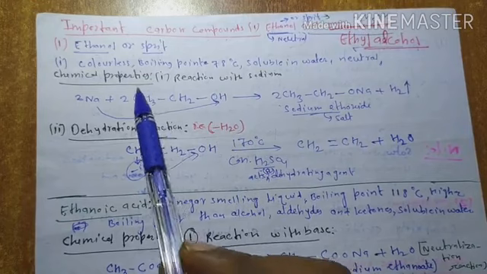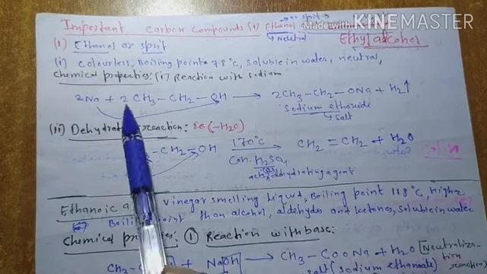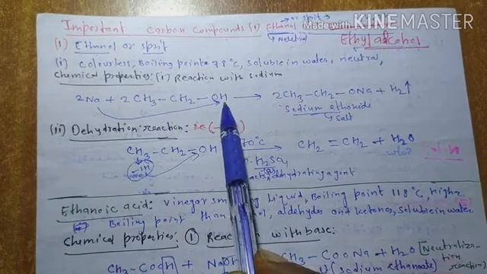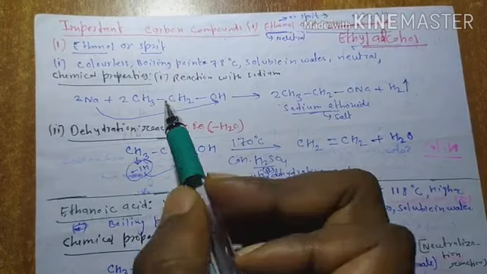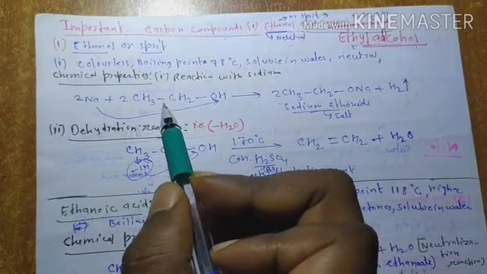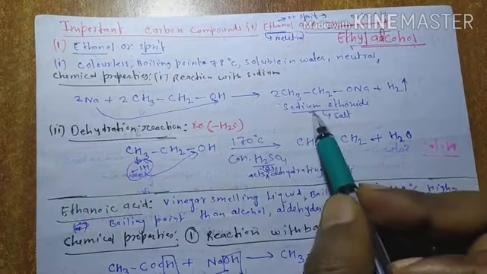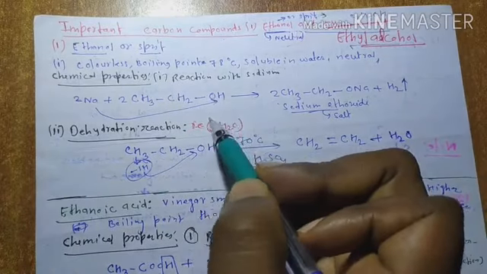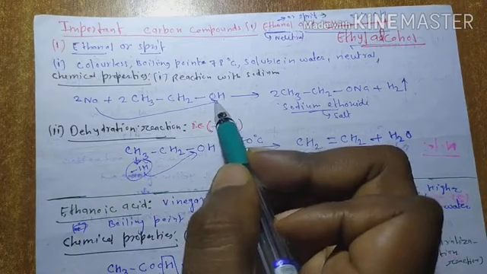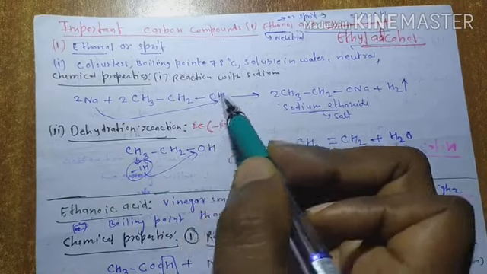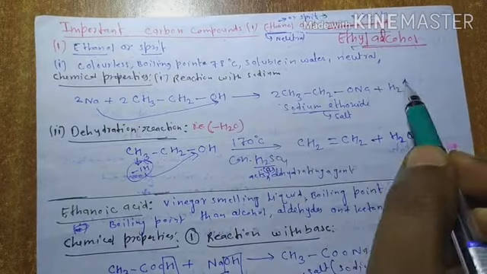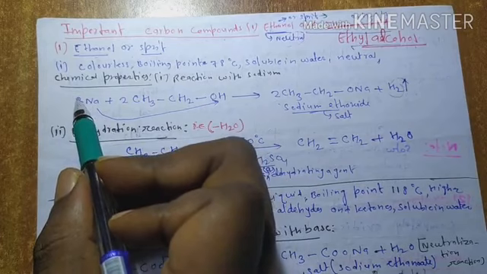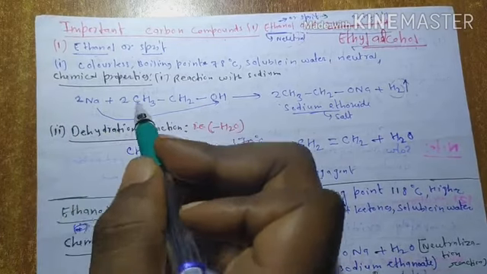Okay, so chemical property, first reaction with sodium. This is ethanol, CH3CH2OH. If ethanol reacts with sodium, sodium ethoxide salt is formed plus hydrogen gas is released. Hydrogen gas is formed here. So we have to take 2 molecules of sodium and 2 molecules of ethyl alcohol.